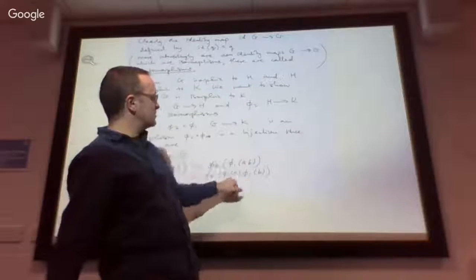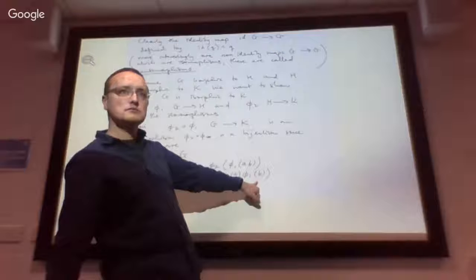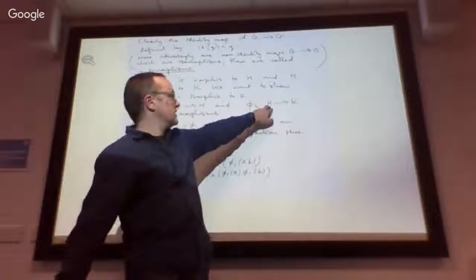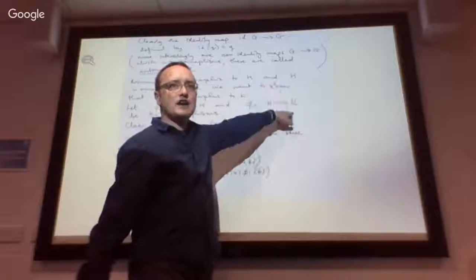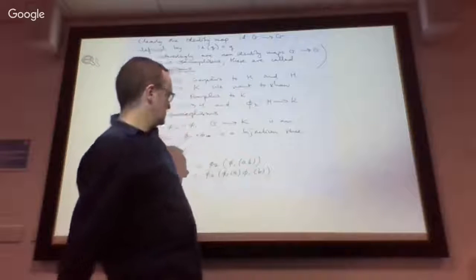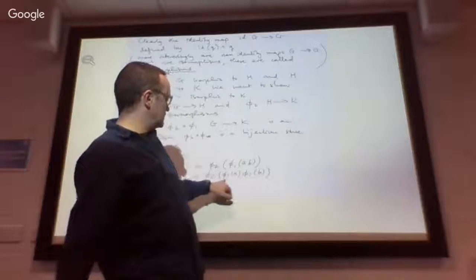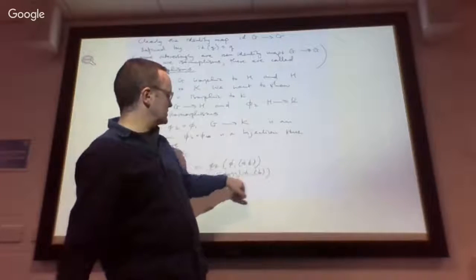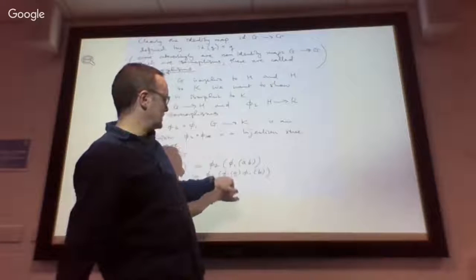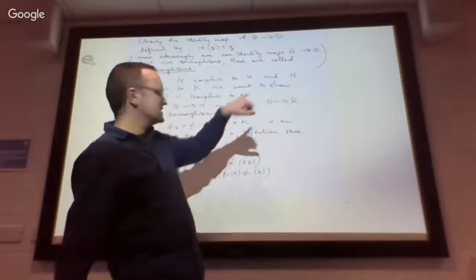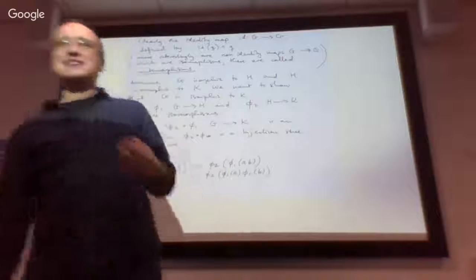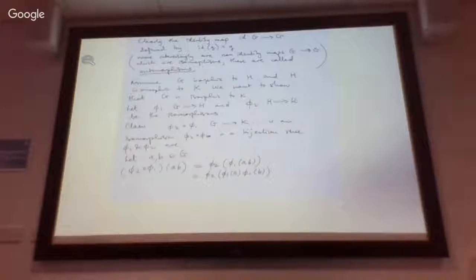Well, here we have two elements of H multiplied together, taking place in H, and then I apply the map phi2. So that sends this single element of H, which is phi1A times phi1B, into K. But phi2 is an isomorphism.